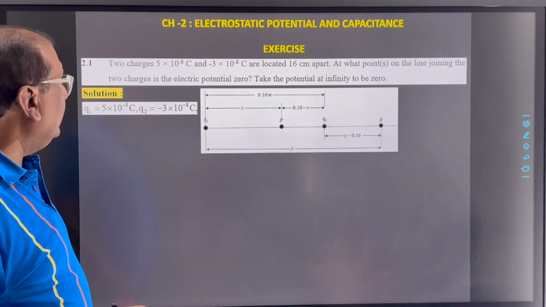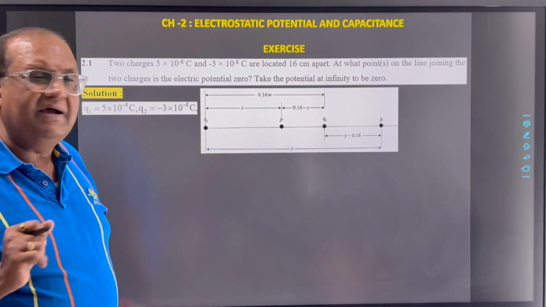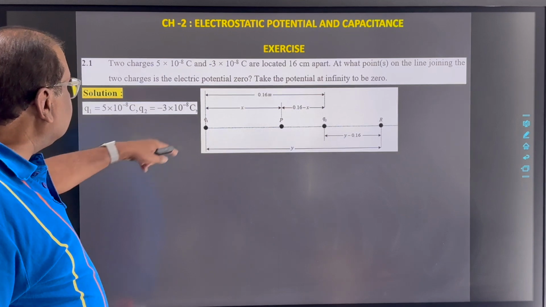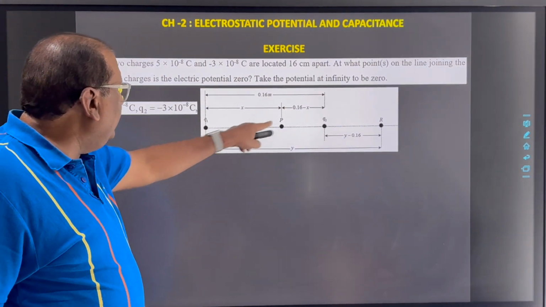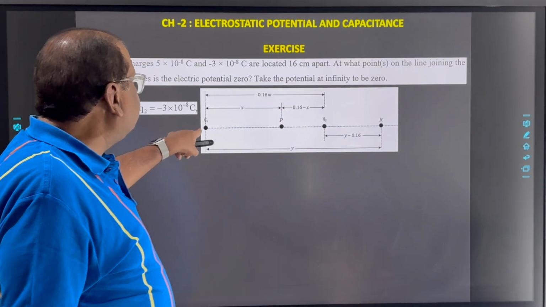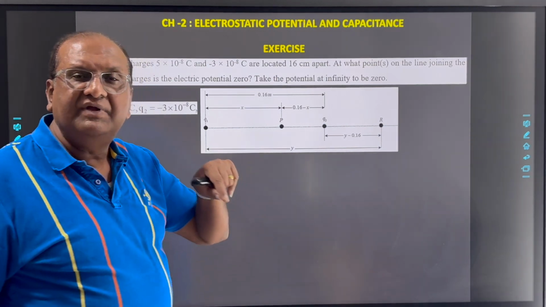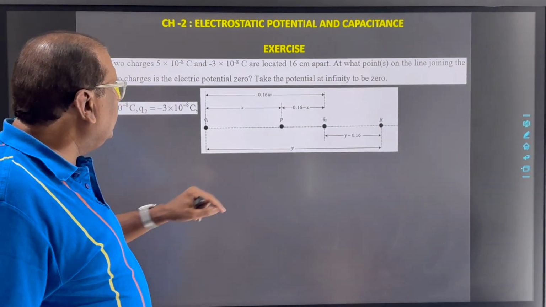Now electric potential of any charge is kq by r. As per this, the distance of P from charge q1 is suppose x, then the distance between q1 and q2 is given to you as 16 centimeter, so that is 0.16 meter.